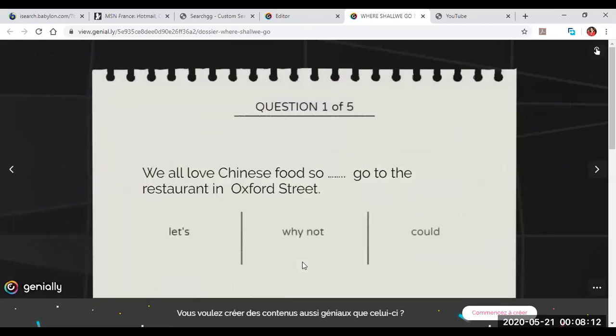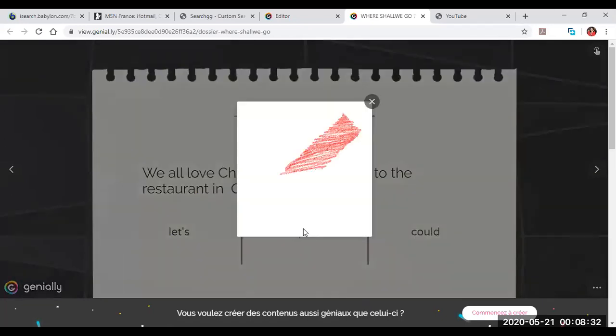There are 5 questions. Let's read the first one. We all love Chinese food, so go to the restaurant in Oxford Street. Think about it and decide what might be the correct alternative for this question. I would go for why not, for example. No, that's not correct.